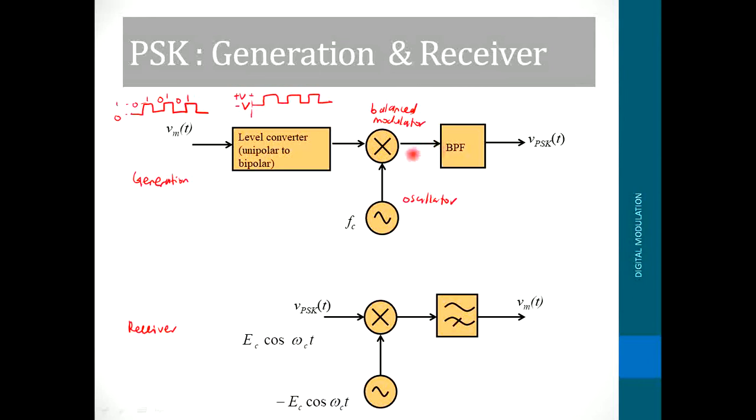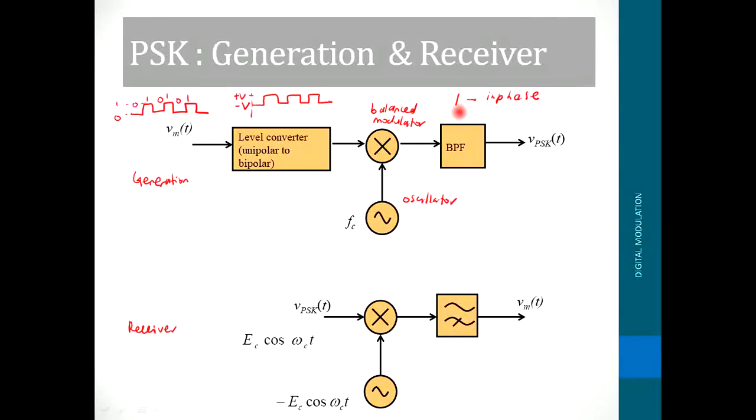If the binary input is 1, because we have binary bipolar here, the output signal will be in phase with the reference oscillator.